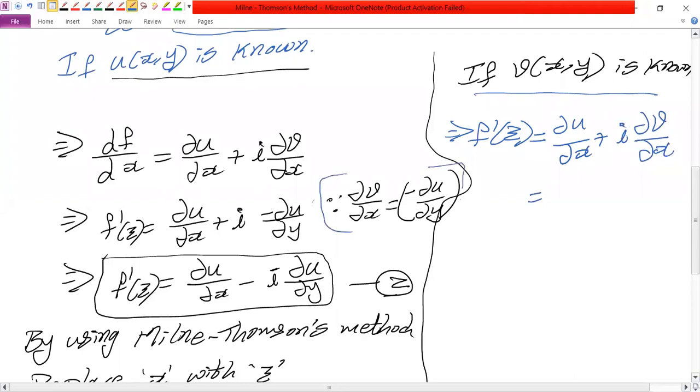This is CR equation number 2. What is the CR equation number 1? Dou u by dou x equals to dou v by dou y.